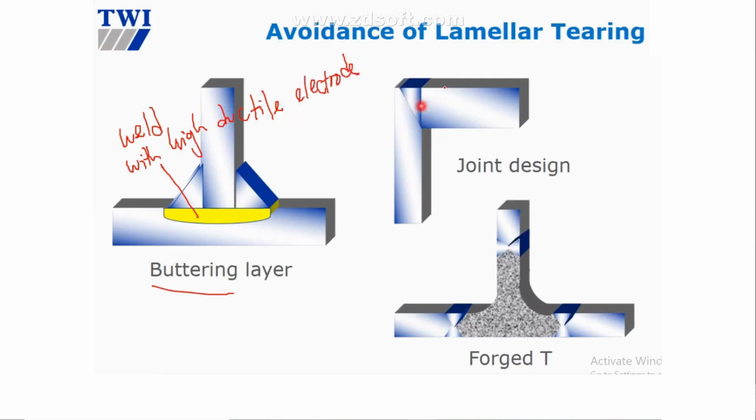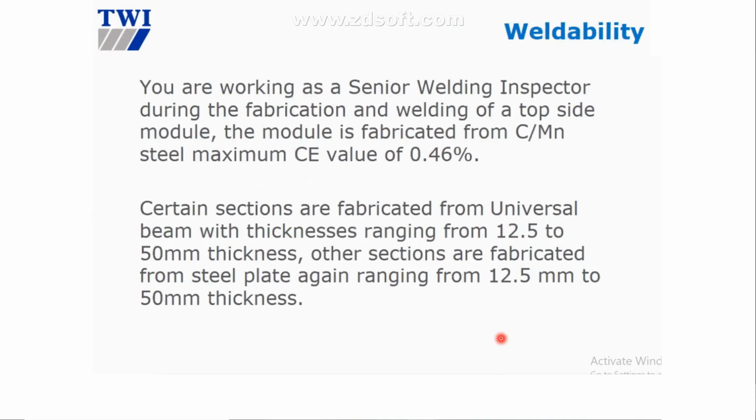If we bevel this side, maybe the crack will be this side. So bevel this side, there is no crack. Okay, no bevel this side. Or maybe butt weld, all this butt weld. Forging teeth, then we got butt weld. Yeah? So there is no problem of lamellar tearing here. Okay.